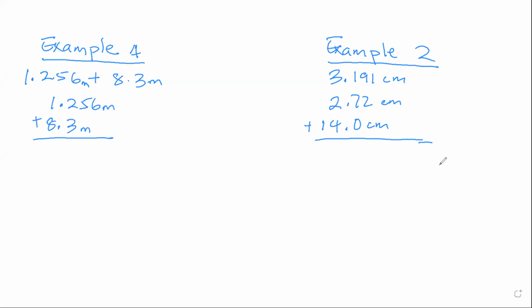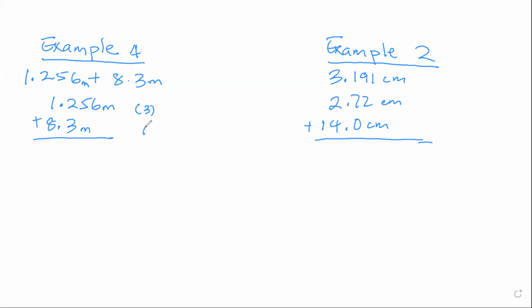Let's look at these two examples. The first thing we do is look at the number of decimal places for each number in these problems. The first one is 3 decimal points.